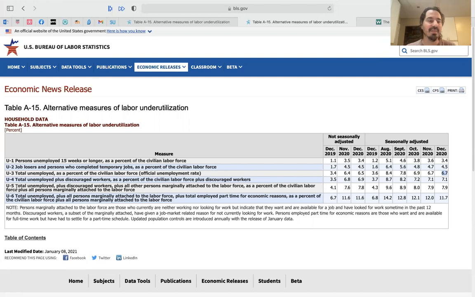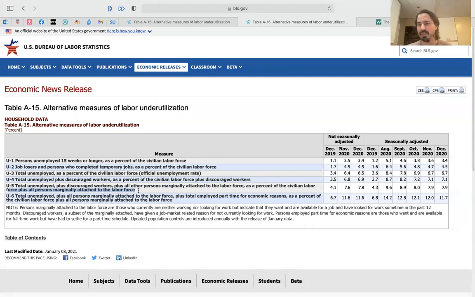Then U5 is the total number of unemployed plus discouraged workers plus all other persons marginally attached to the labor force as a percentage of the civilian labor force plus all persons marginally attached to the labor force. So marginally attached is somebody that has looked in the past 12 months for a job, but not in the past 4 weeks.